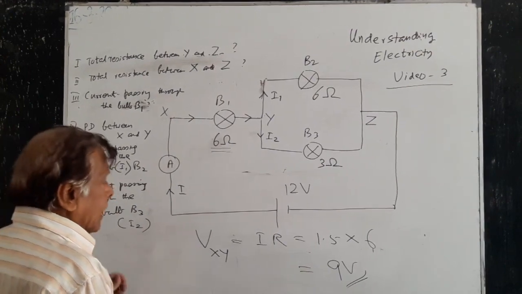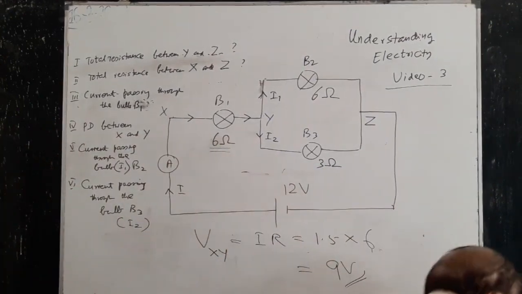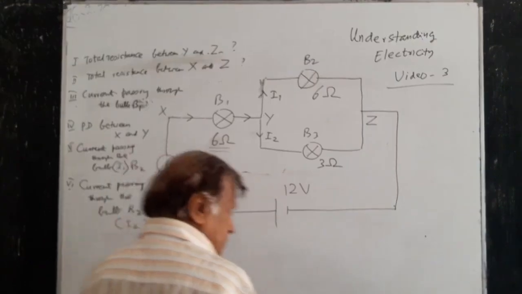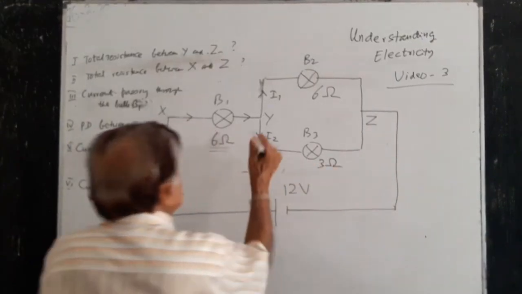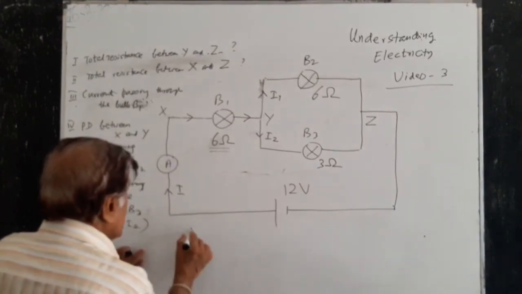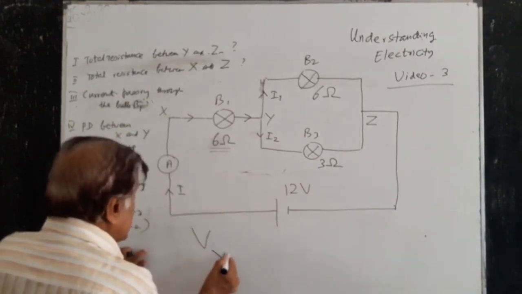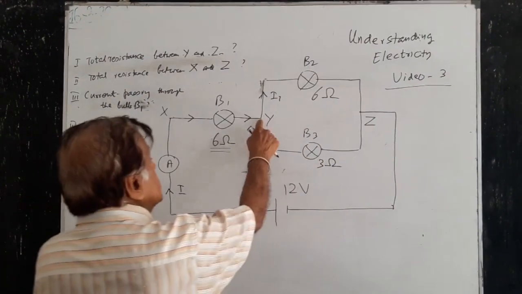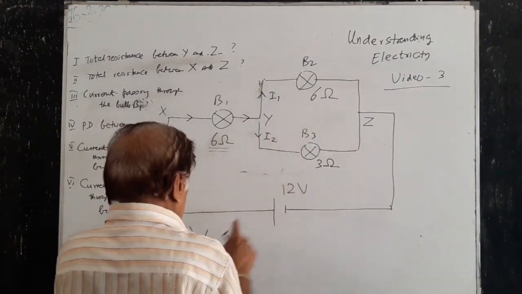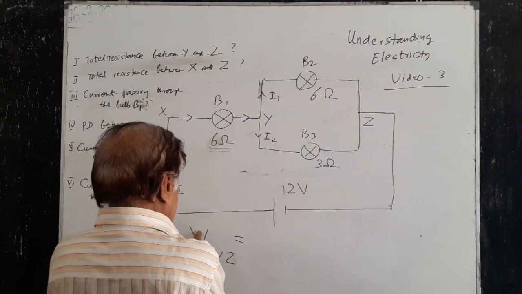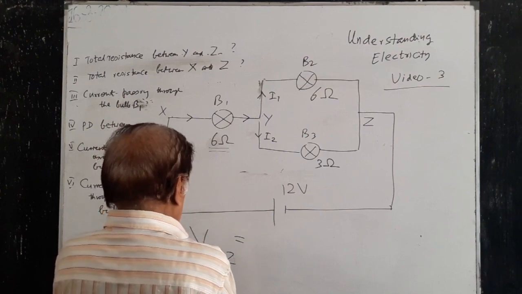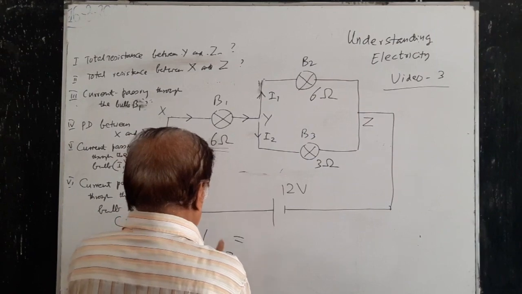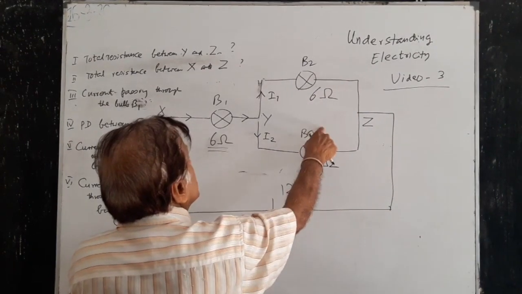Therefore, the potential difference between these two points, Vyz, is the common potential difference for these two bulbs.